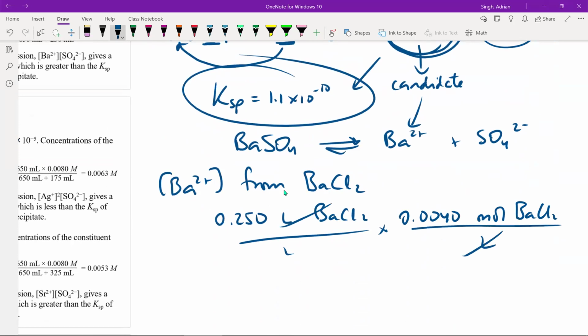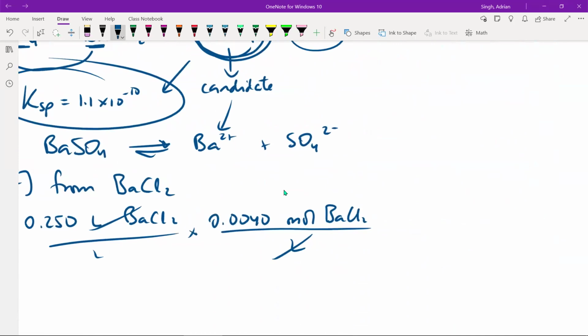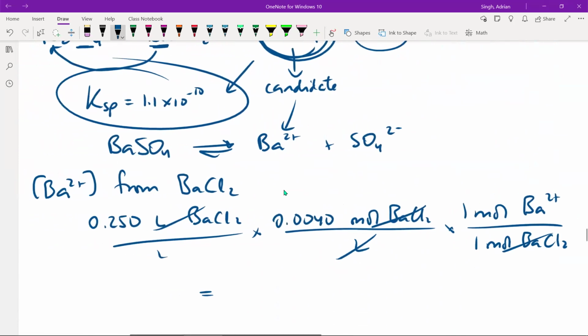So the liters go away. And then I just want the barium ion. So for every 1 mole of the BaCl2, I have 1 mole of the barium ion, right? So the moles of barium chloride go away. So now I have moles of barium ion per liter. I stick that in my calculator.